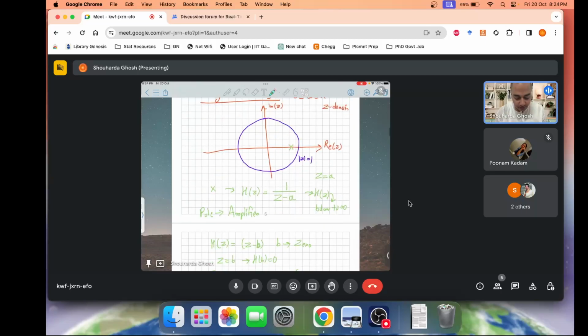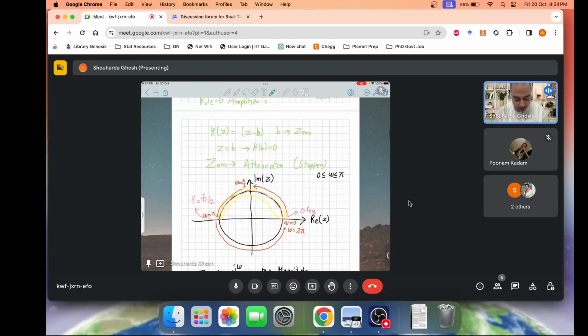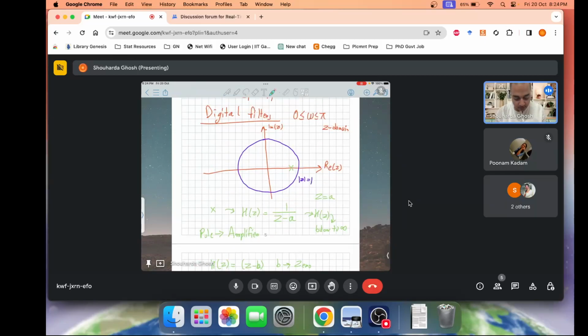Suppose you have a pole, let's say the pole is over here. You start from this point on the circle and move around the circle, and depending on whether a pole is close to you or a zero is close to you, accordingly you draw peaks or dips in your frequency response.